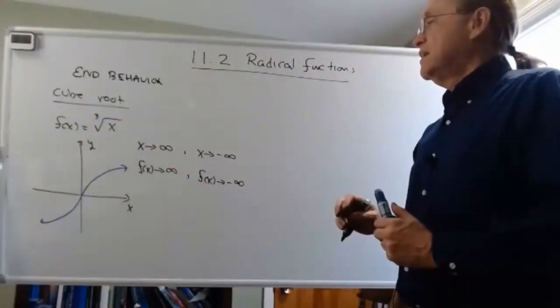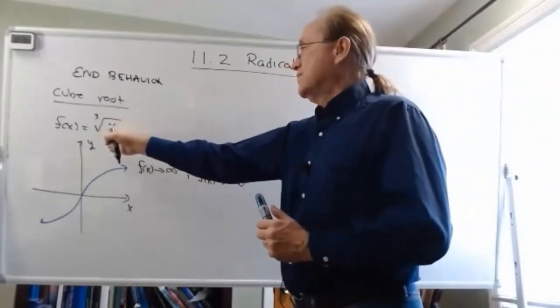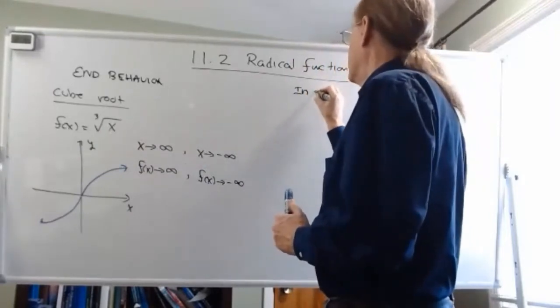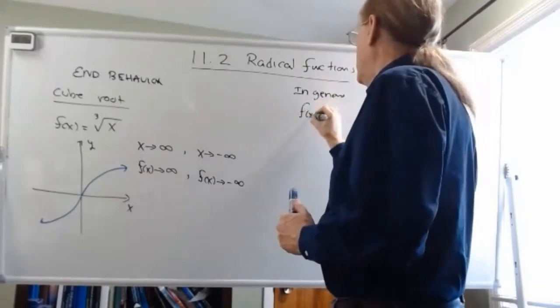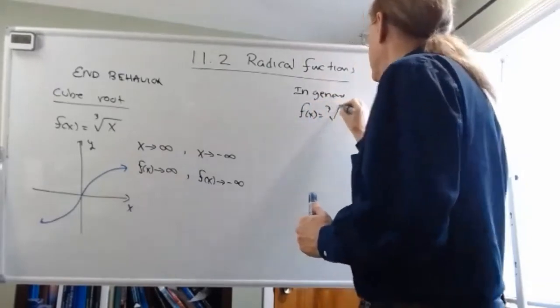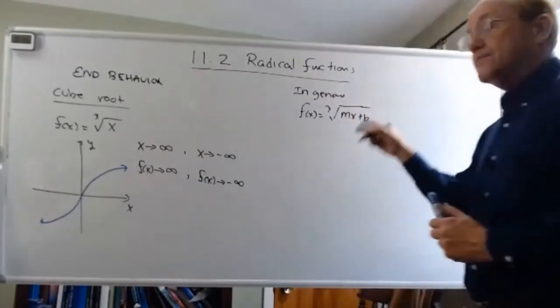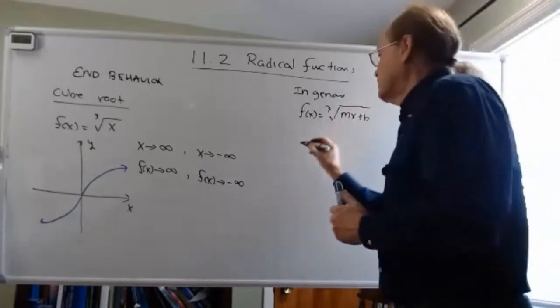Now, what happens if I look at some examples that are modifications of that? In the more general case, we're looking at something like this. f of x is the cube root of some m times x plus b, where m can be positive or negative, and b can be positive or negative, whatever the case. So let's take a look at some examples.